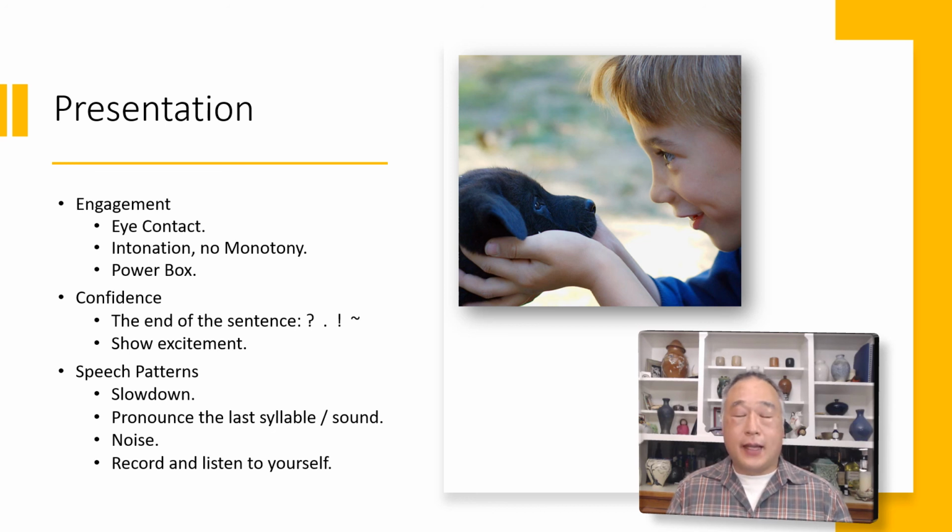Sometimes I say "apple 'n' banana," instead of "and." For most of us that would be fine, but for English as a second language speakers, that could be a barrier. So try to pronounce the end of the word all the way. That basically means slowing down, even though you may feel you don't have a whole lot of time. Okay?